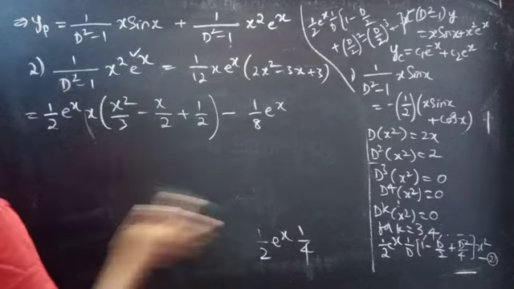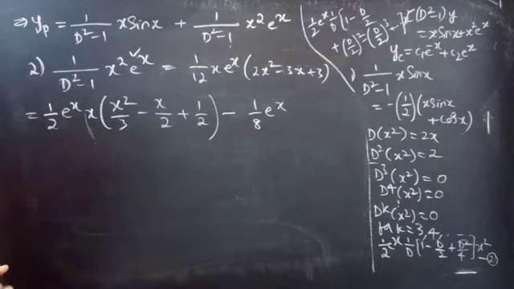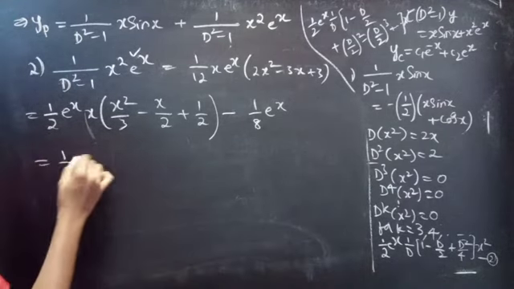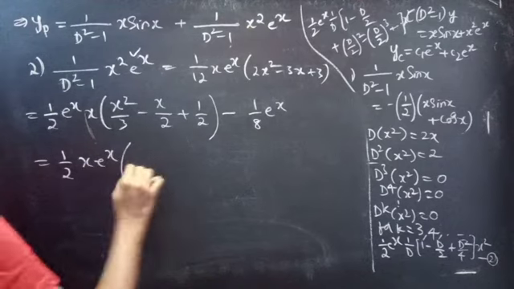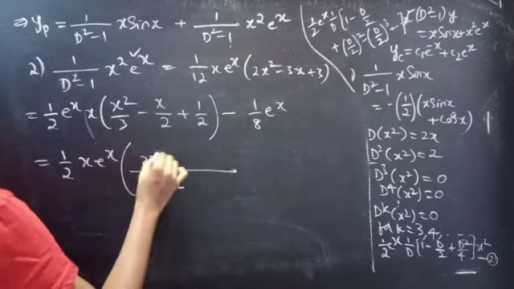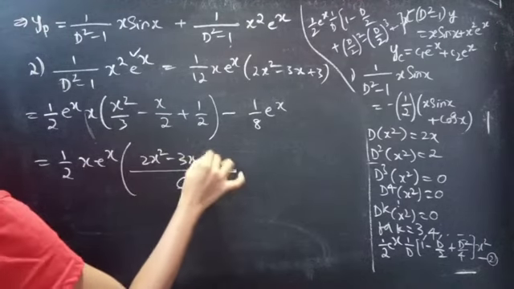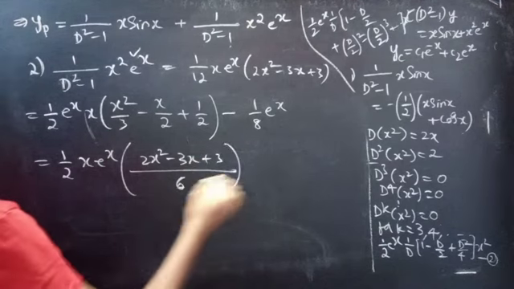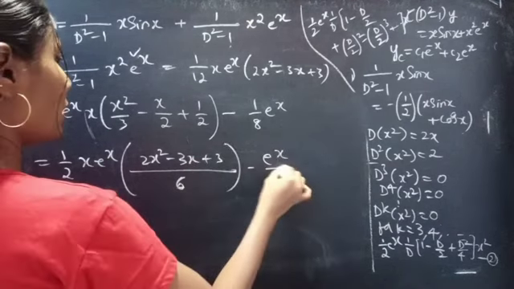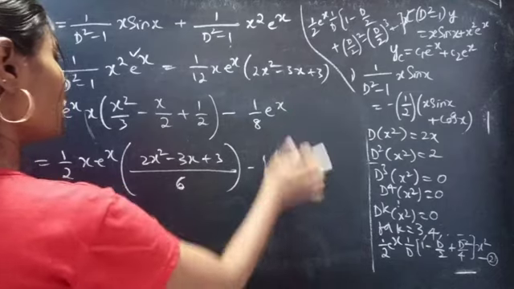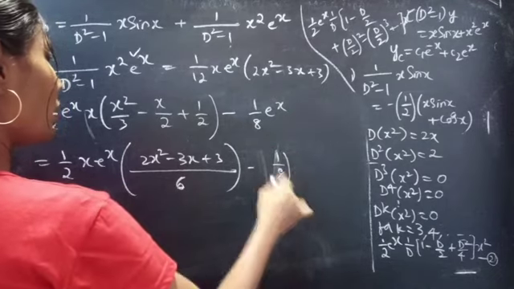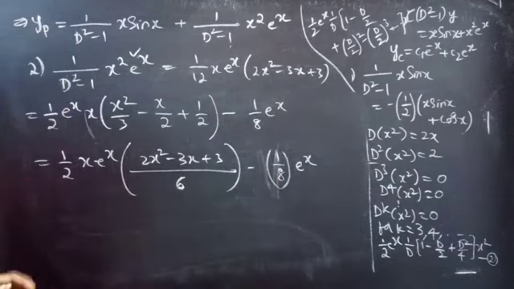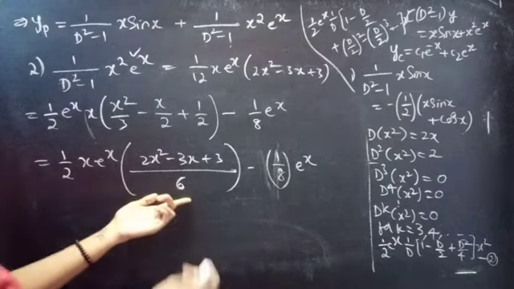LCM of 3 and 2 is 6, right? So we'll get 1/2 x e^x times (2x² minus 3x plus 3)/6 minus e^x/8, or we can just write it as 1/8 e^x. You'll get the same thing.